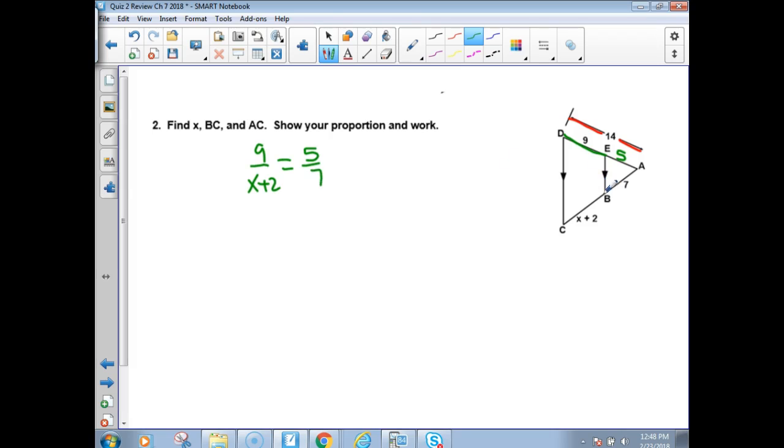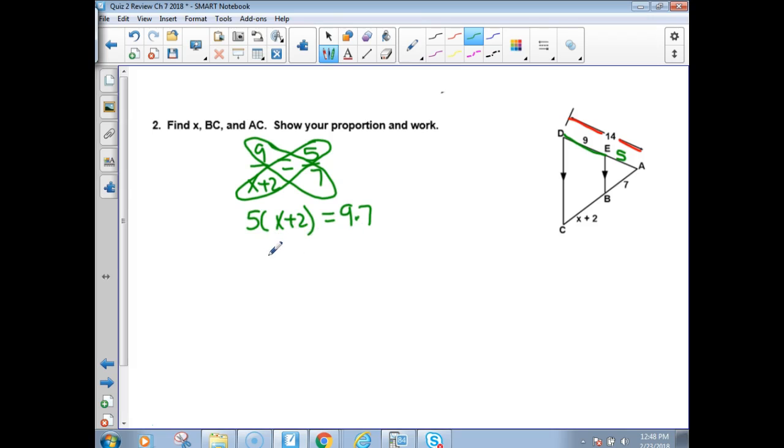It, of course, can be done 4 different ways. You could do 9 is to 5, as x plus 2 is to 7. As long as you have 5 across from your x plus 2 and 9 across from 7. When we do our cross products property, we get 5 times x plus 2 equals 9 times 7. I know most of you simplify that as you go.